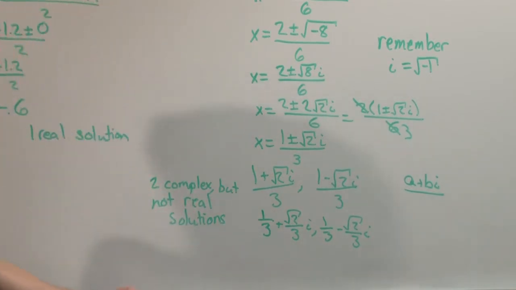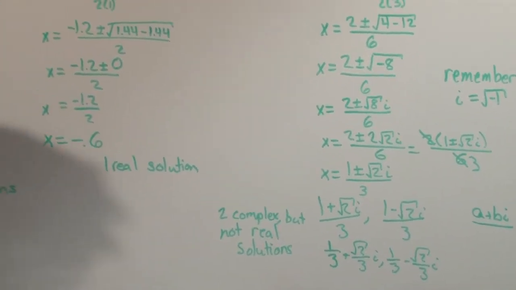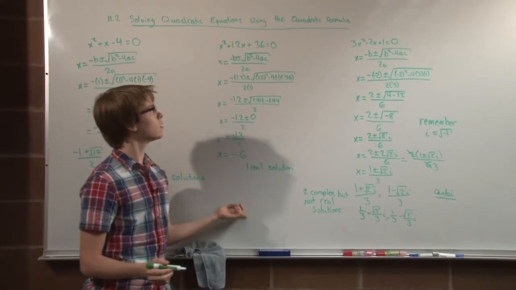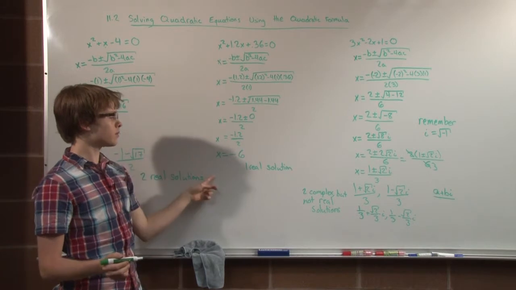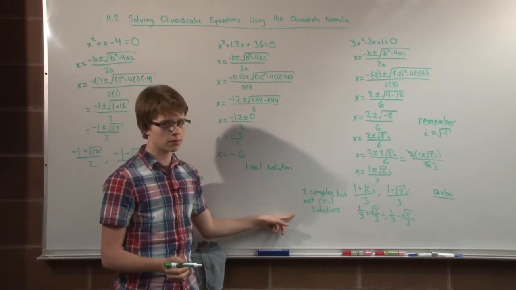All right. Well, it turns out that we can predict which of these 3 types our quadratic equation will fall under. So we can tell just from this formula whether we're going to have 2 real solutions, 1 real solution, or 2 complex but not real solutions.